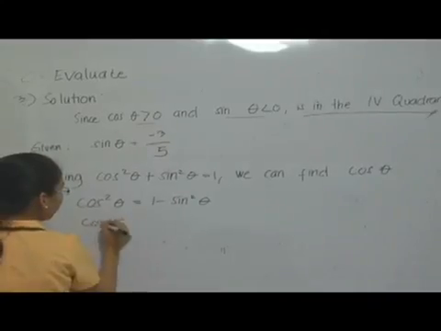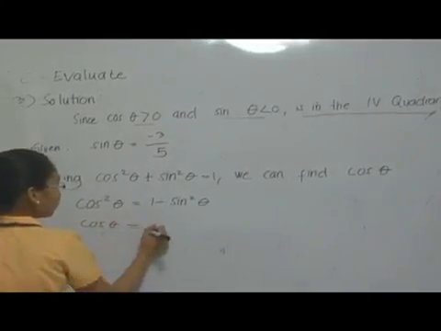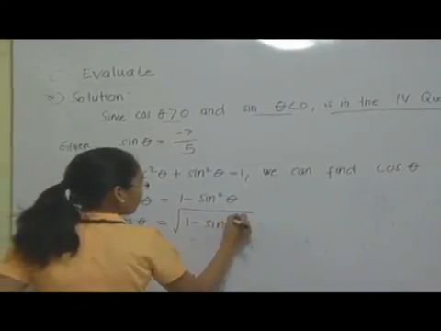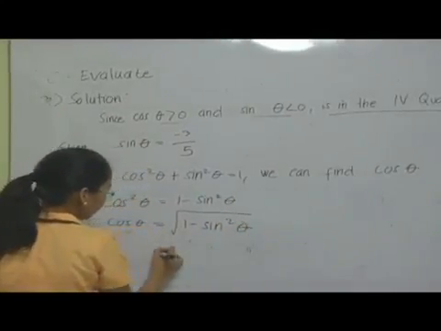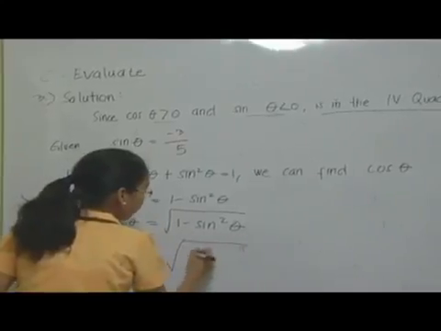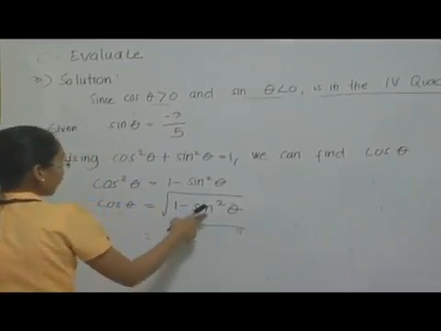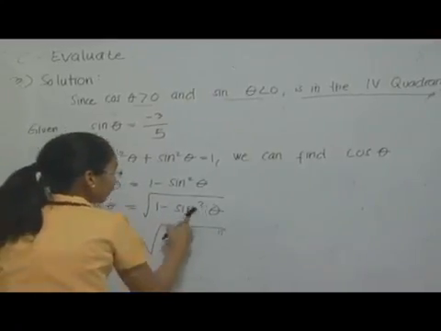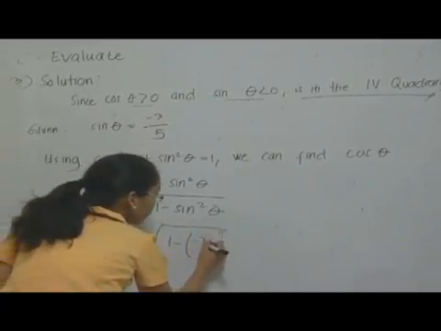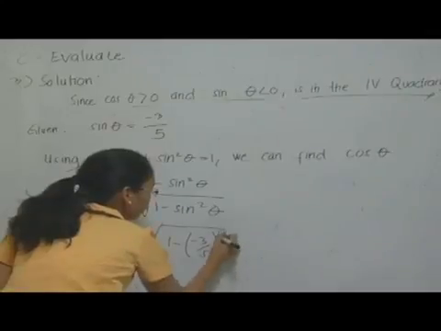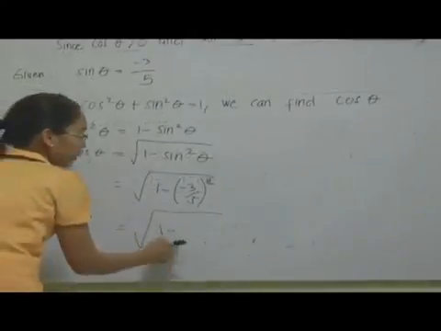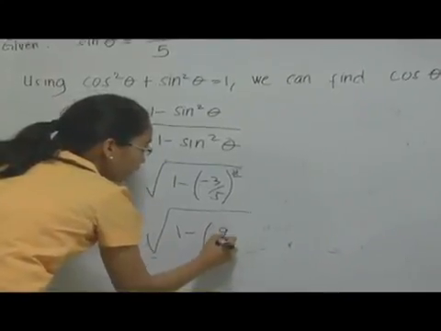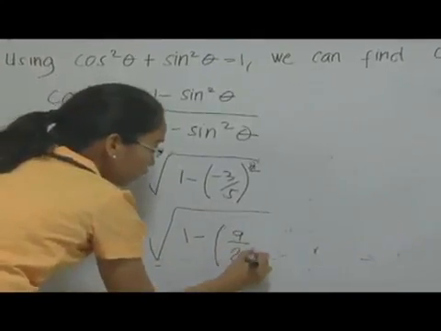So cosine theta is the square root of 1 minus the value of the sine, that is negative 3 over 5, squared. You square this one, this will become 9 over 25.